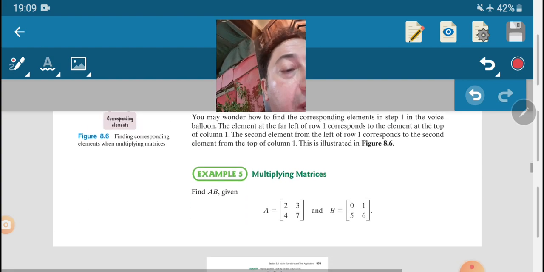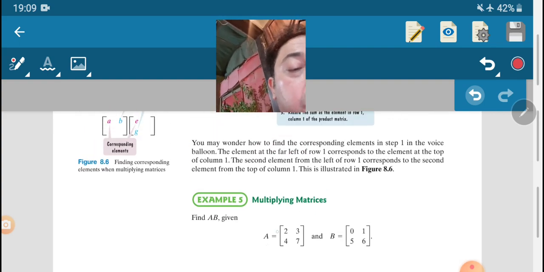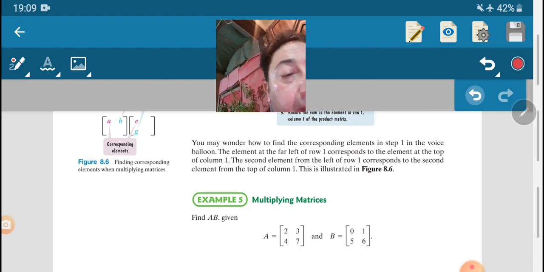How to multiply A, which is 2, 3, 4, 7, and B, which is 0, 1, 5, 6. Let's see.